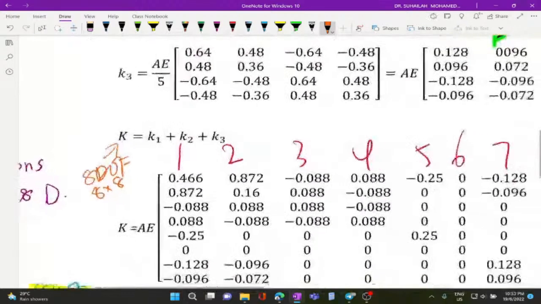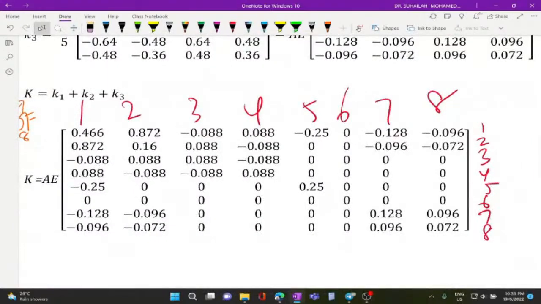This 8 by 8 matrix will be written in order, from position 1 to 8. So we have to find the values from K1, K2, and K3 and produce this.